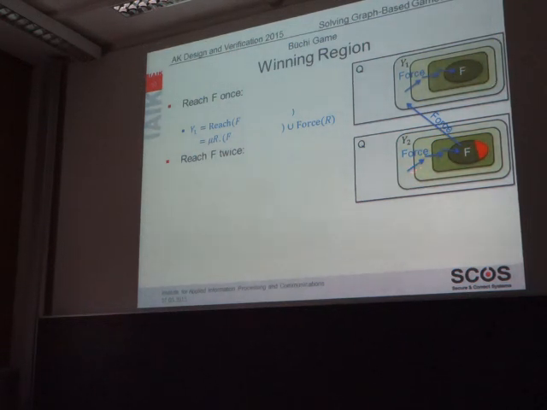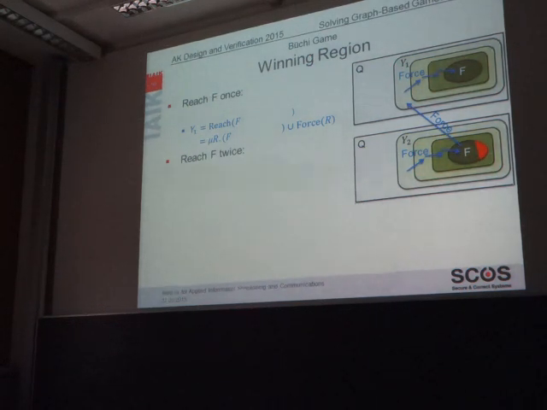So if we manage to reach this green part here in such a way that we can go on to y1, then we can reach F once, and from here a second time. Not from all states of F will we manage to reach y1. This red part here, from this part of F we cannot enforce to go into y1.